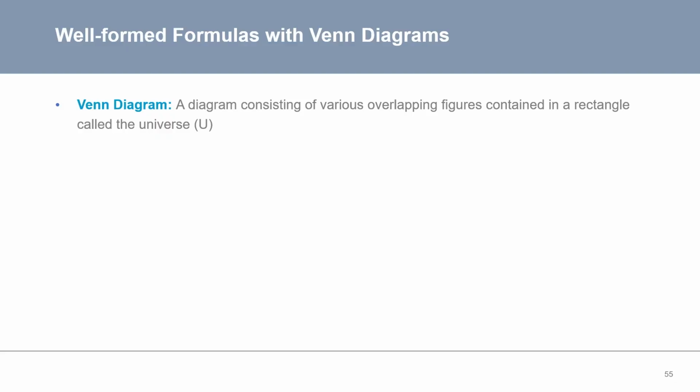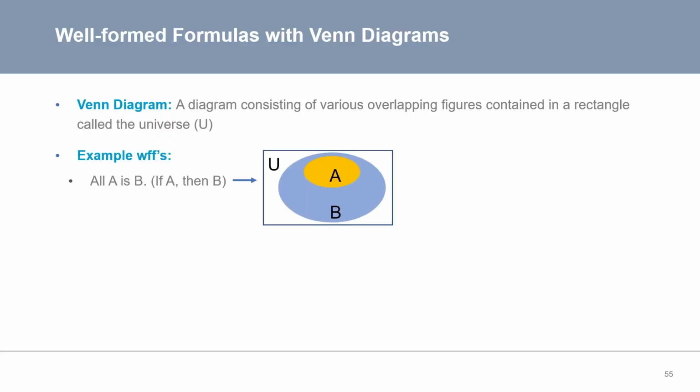We can use Venn diagrams to help us visualize some well-formed formulas. A Venn diagram is simply a diagram consisting of various overlapping figures contained in a rectangle that represent the universe U. In our first example well-formed formula, we have all A is B, which can also be interpreted as if A, then B. We can see this visually represented such that anything that is A is also part of B, but the opposite is not true.